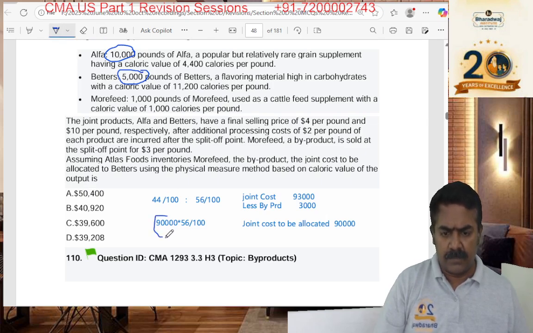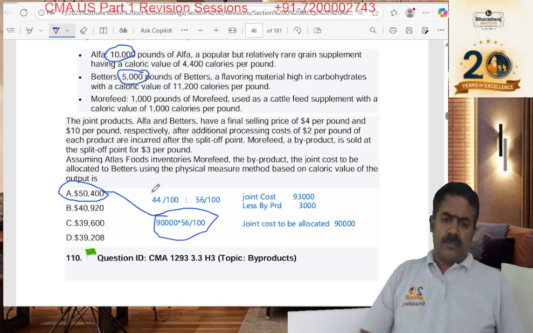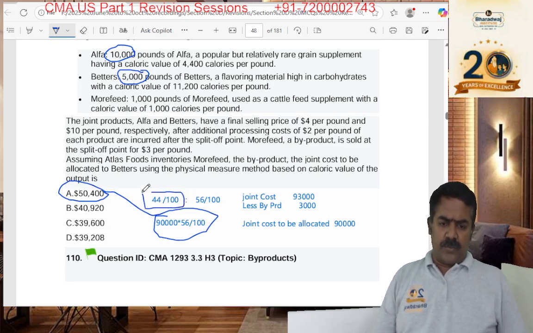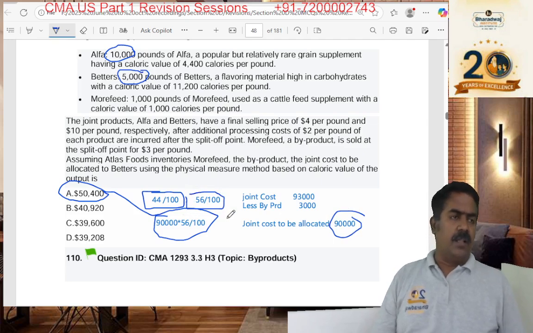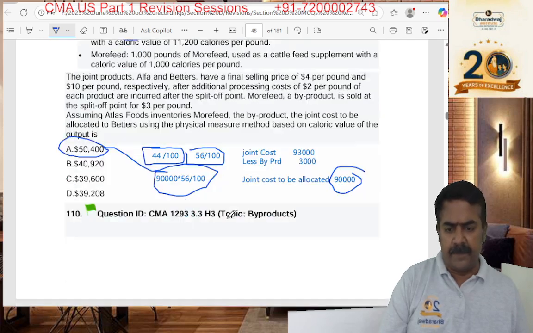What is the answer? 50,400. The caloric value ratio is 44 to 56. In that ratio, we allocate the joint cost. For B, it is 90,000 into 56 by 100.